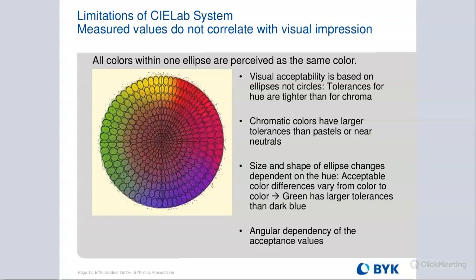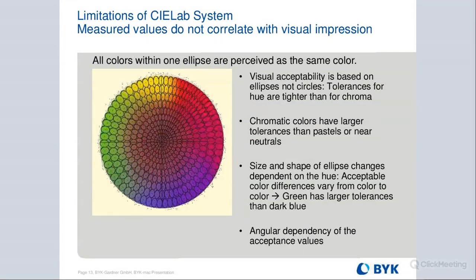And this is measured values do not correlate with the visual impression. So all colors within one ellipse are perceived as the same color. This is a great representation of the CIELAB system here. When you look at this graph, each circle has a point in the middle, and you can think of that point in the middle of each of these circles as your standard, and the circle surrounding it is your tolerance.